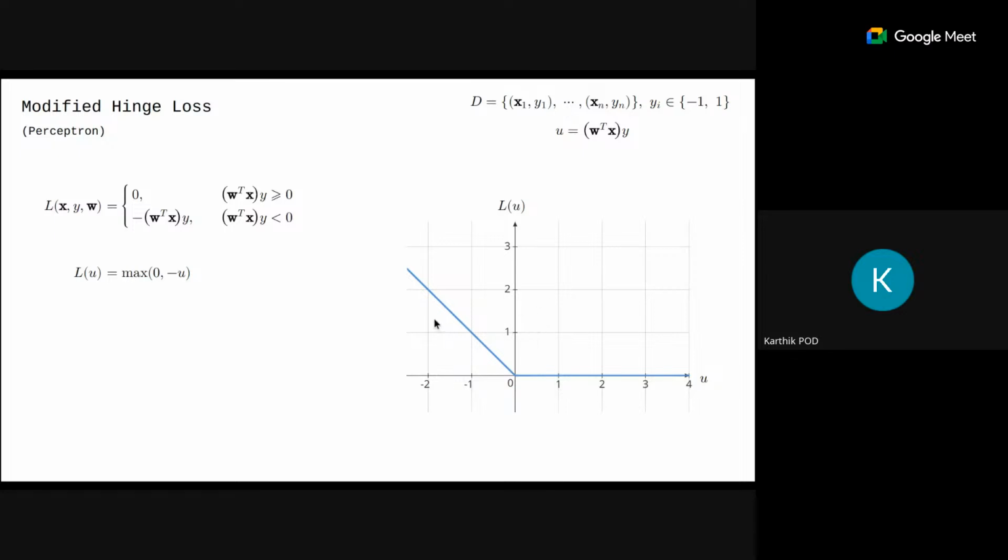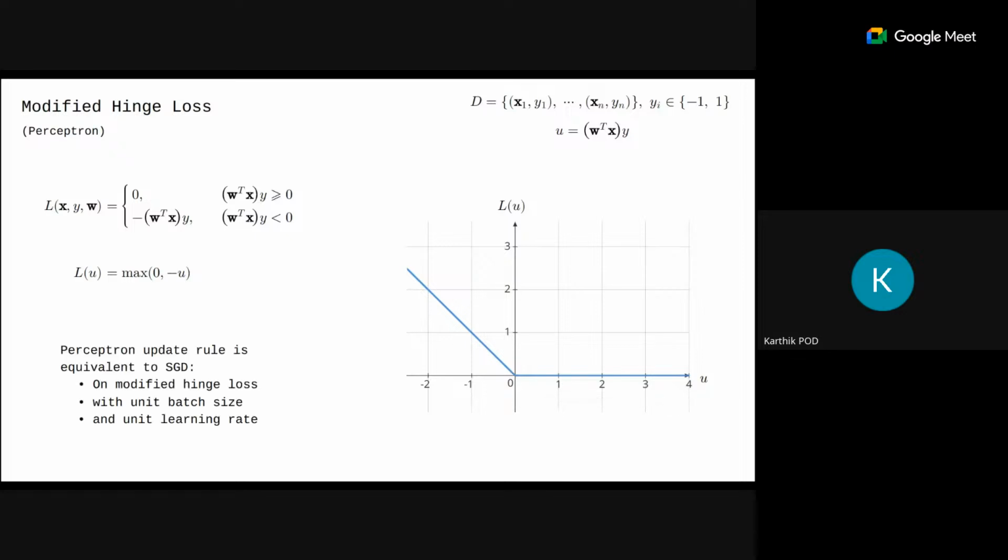So the perceptron is not going to worry about the margin. Anything that falls on this side, it's going to classify it correctly, there's no loss. All correctly classified points do not suffer any loss under perceptron.